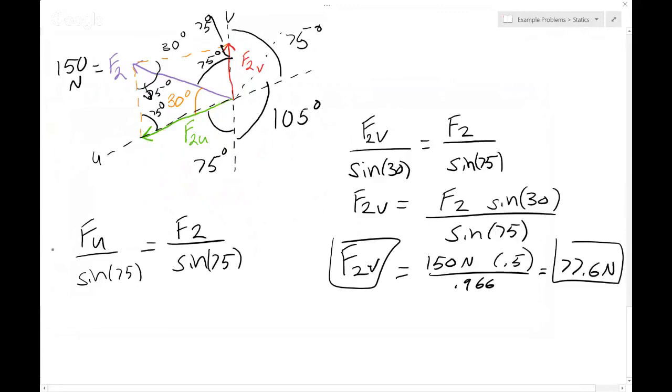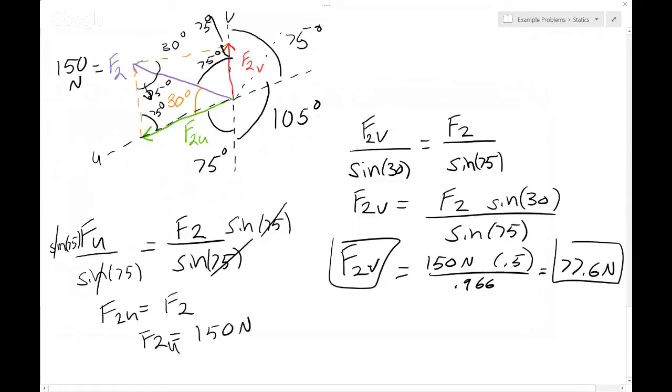I'll actually write this out, I guess. So those cross and we get sine of 75, and then our sine of 75's cancel off. And then we end up getting force 2u is equal to force 2, which means that force 2u gives us 150 newtons, which is our answer.